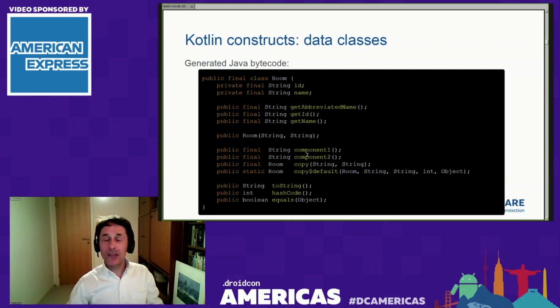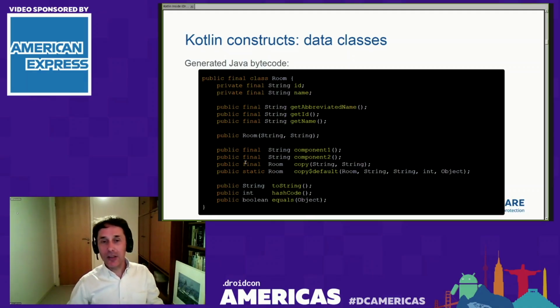They just have a different standardized name, and these methods are used if you deconstruct any instances of this room class. So irrespective of whether you do that deconstruction anywhere in the code, these methods are generated in your compiled data class.